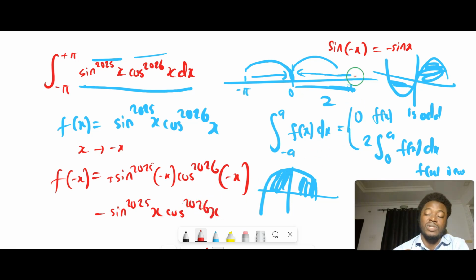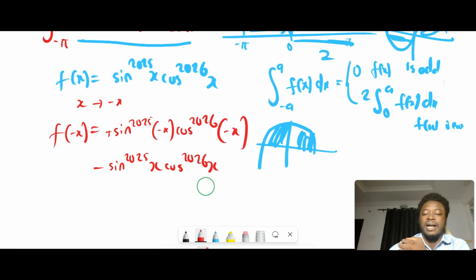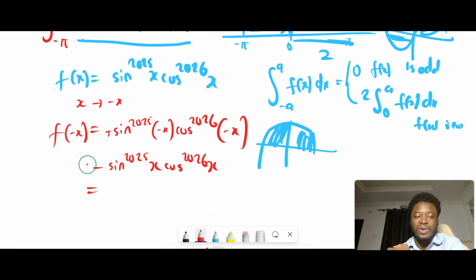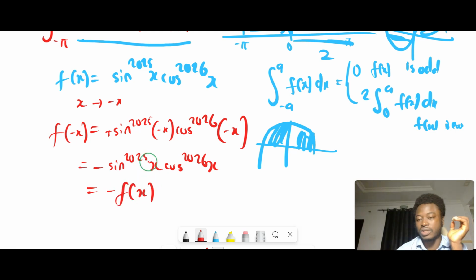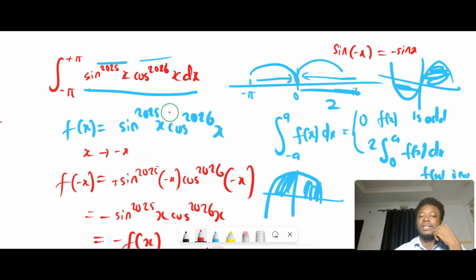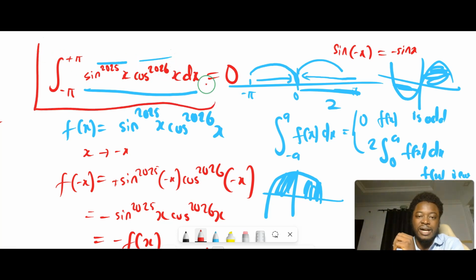Because cosine of negative x is basically cosine x, this is basically now going to equal negative f of x. So this means that the function is odd. So essentially this integral would equal 0. So this is the first problem from the qualifying exam for MIT. So this integral would essentially be 0.